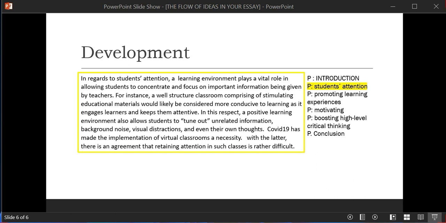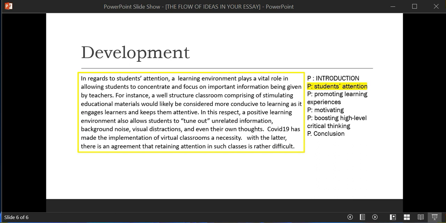So I am going to propose this paragraph for student attention. In regards to students' attention, I'm going to start with the first one. A learning environment plays a vital role in allowing students to concentrate and focus on important information being given by teachers. This is the definition of attention.